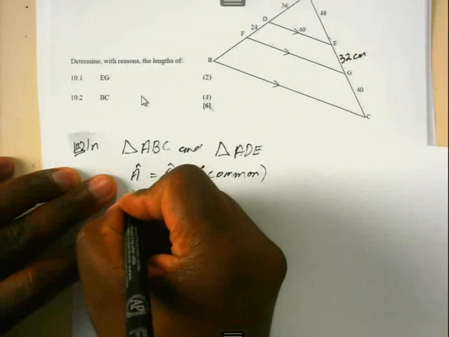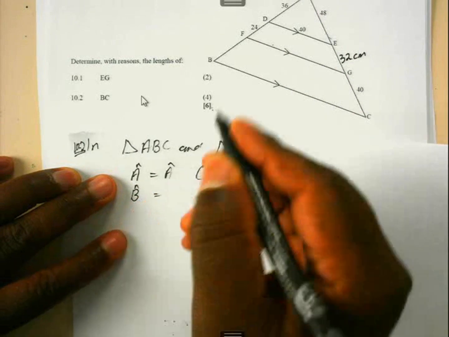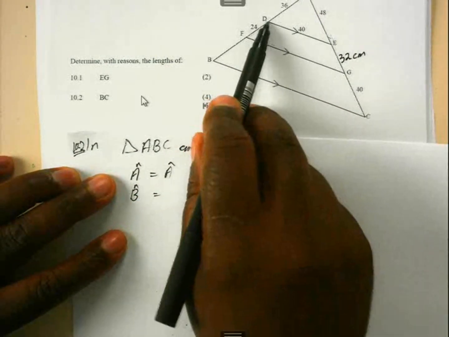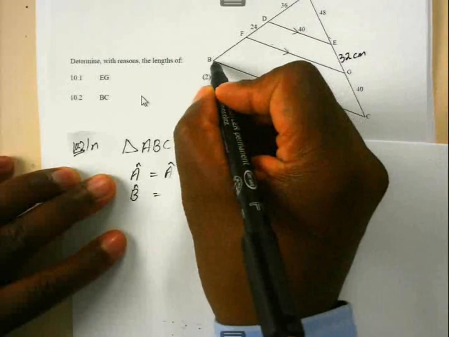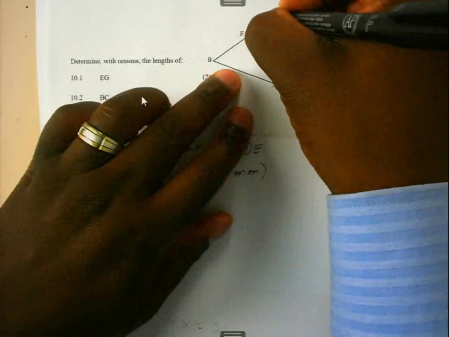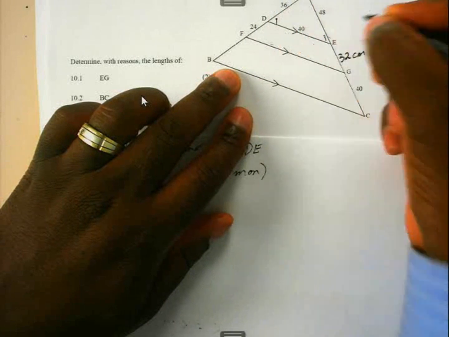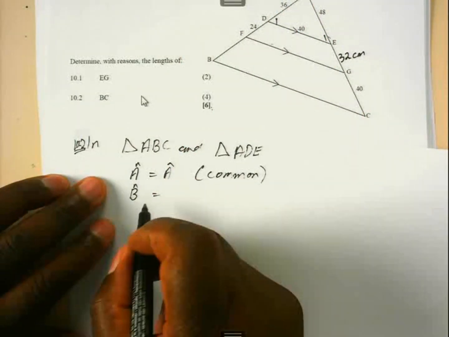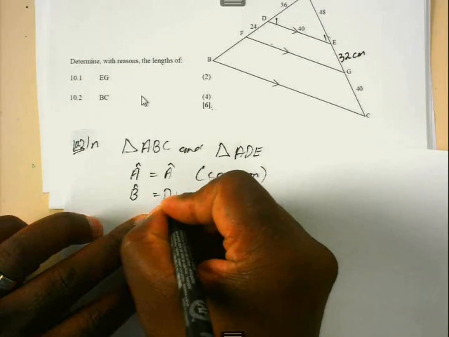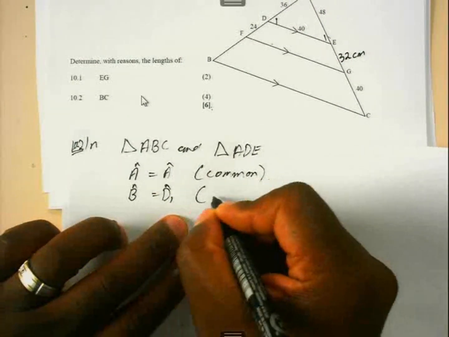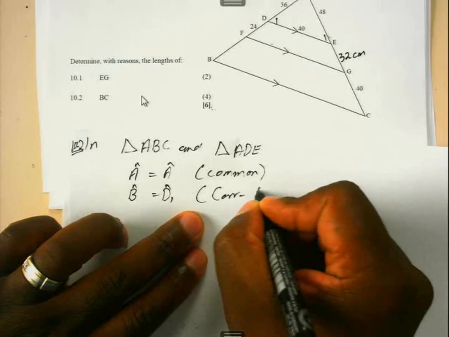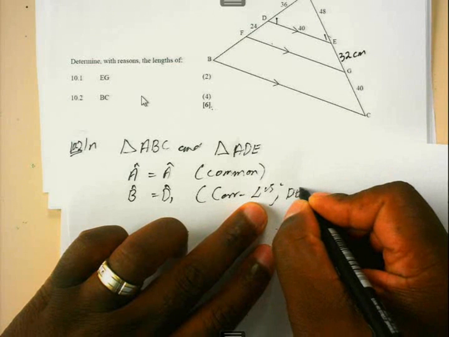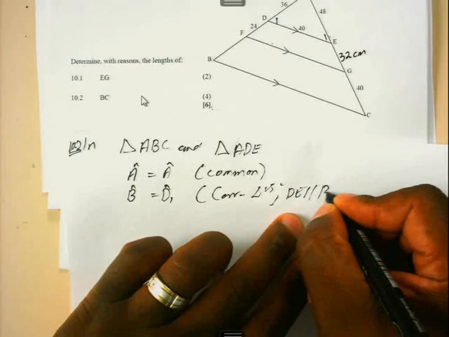Because BC is parallel to DE, I can also say I've got D1 here and E1 there. Angle B is equal to angle D1. Those are corresponding angles, where DE is parallel to BC.